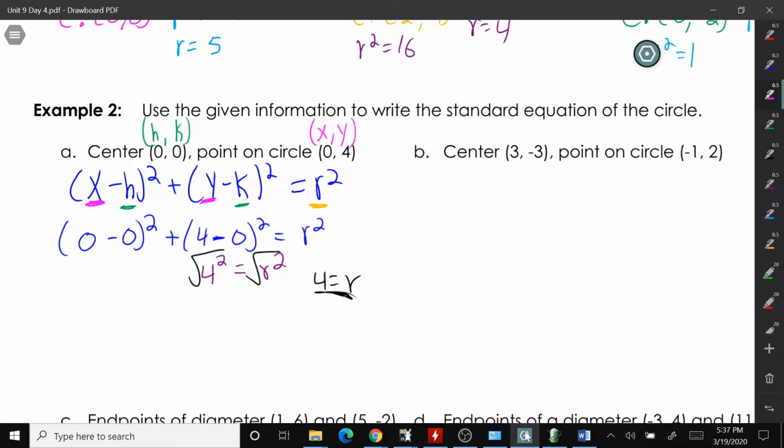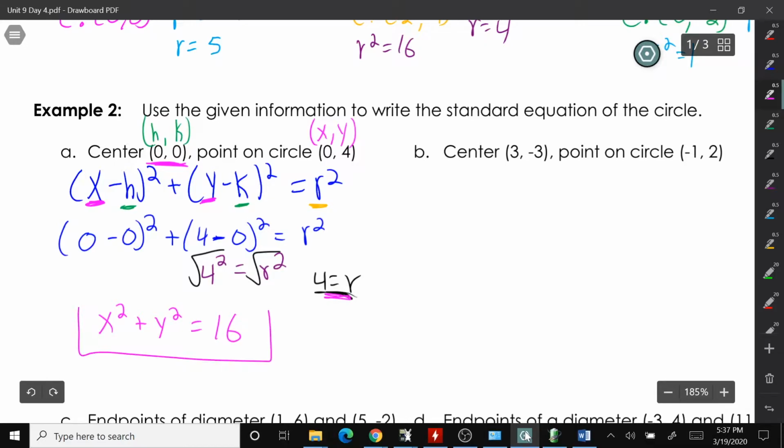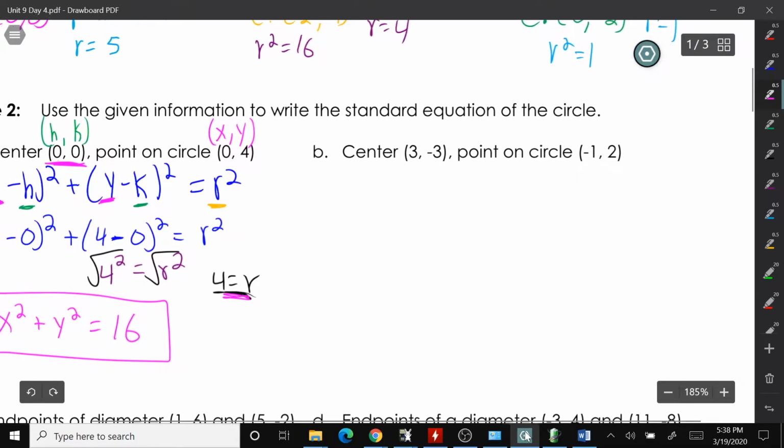Now I have my radius, I have the center of a circle, so I can do what we did yesterday. So x squared plus y squared equals 4 squared, or 16. And that's the equation of the circle. It's kind of hard to see this actually when you are dealing with a center at 0, 0. So in letter B, we will see this probably easier.